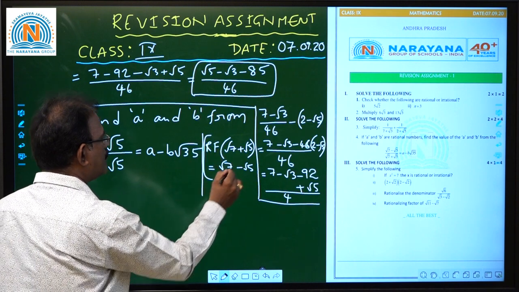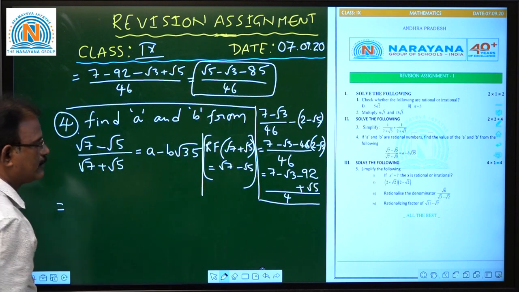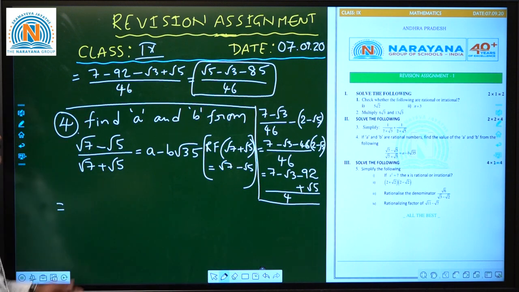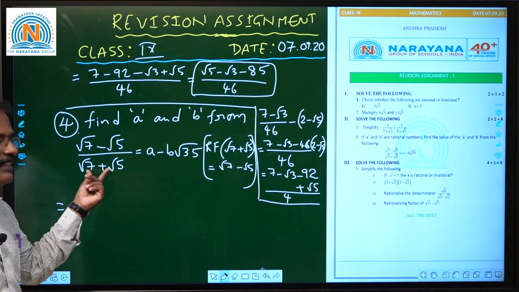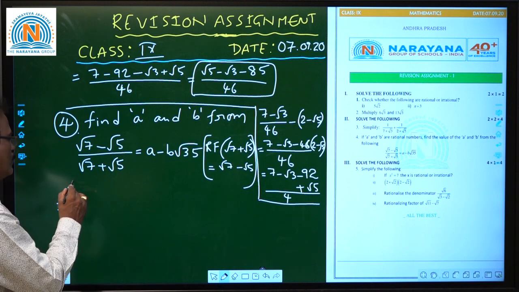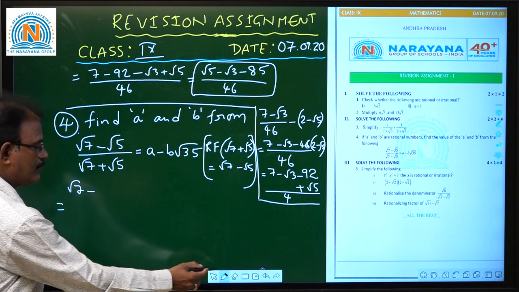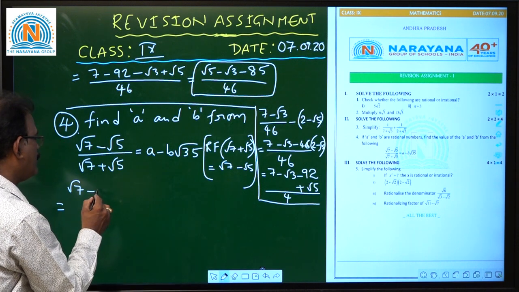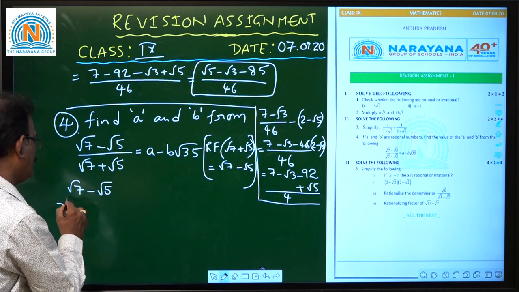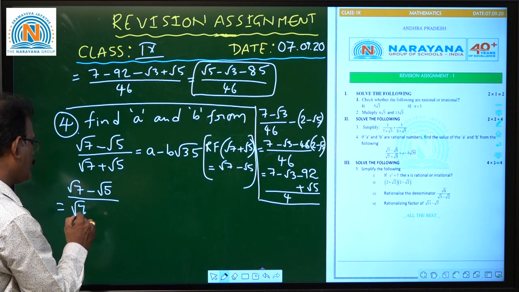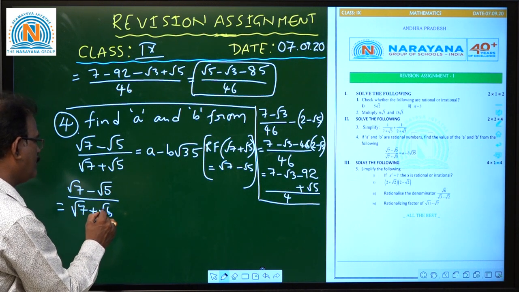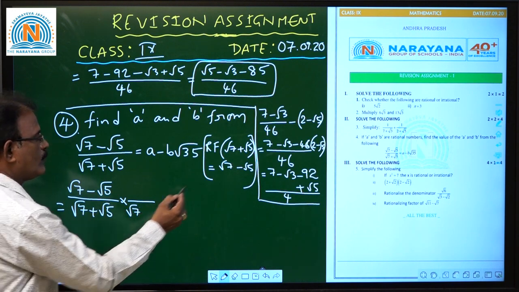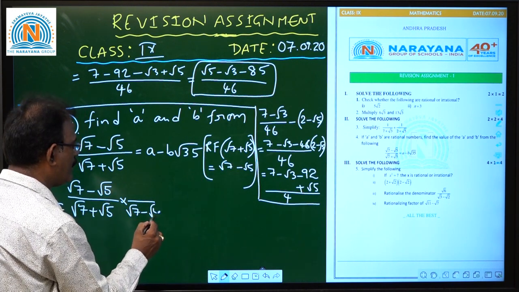So from that, multiply with its rationalizing factor, so this is root 7 minus root 5 divided by root 7 plus root 5 into its rationalizing factor root 7 minus root 5.